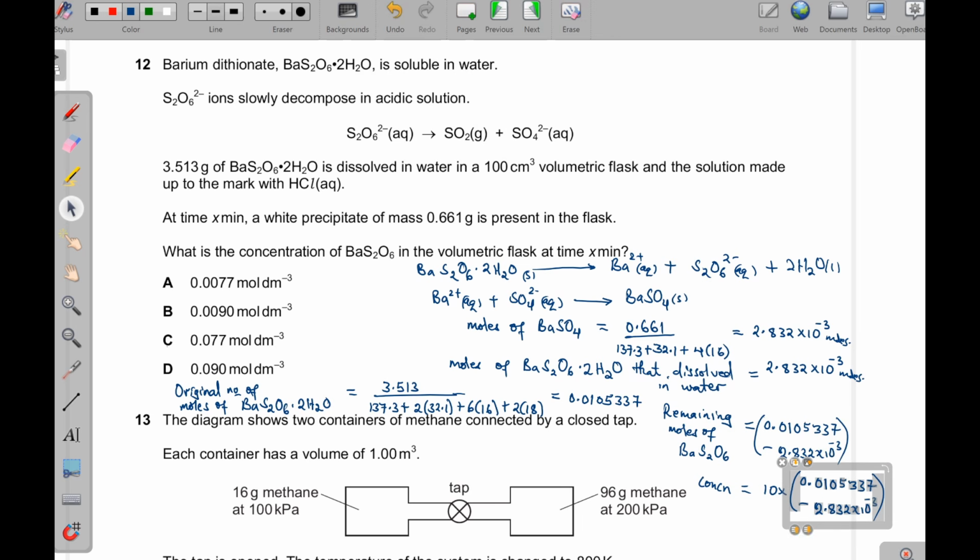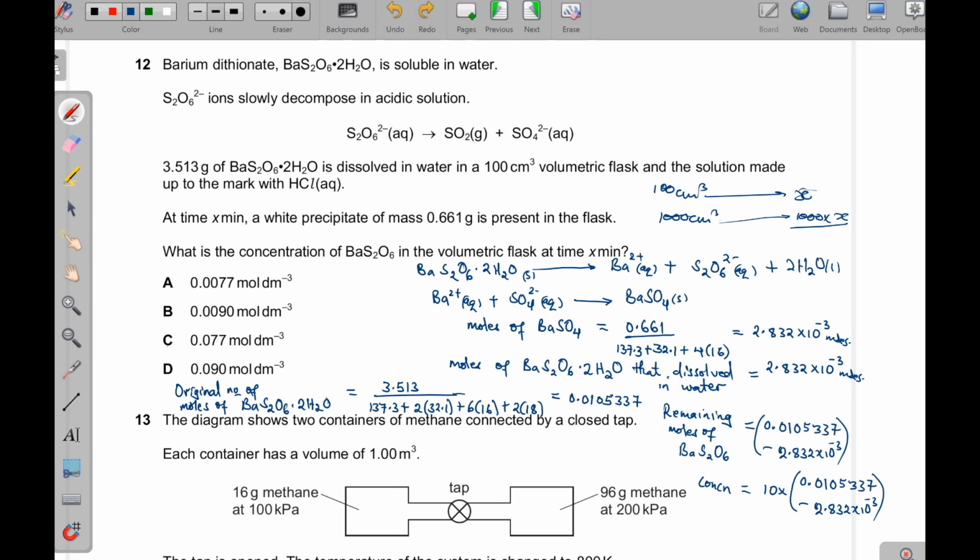Why am I multiplying it by 10? Because 100 cubic centimeters goes into 1,000 10 times. In other words, 100 cubic centimeters contain this number of moles, okay? Then how about 1,000 cubic centimeters? So 1,000 cubic centimeters will contain 1,000 times those number of moles, then divide by 100. So 100 goes here 10 times. So that's why I'm multiplying by 10 here.